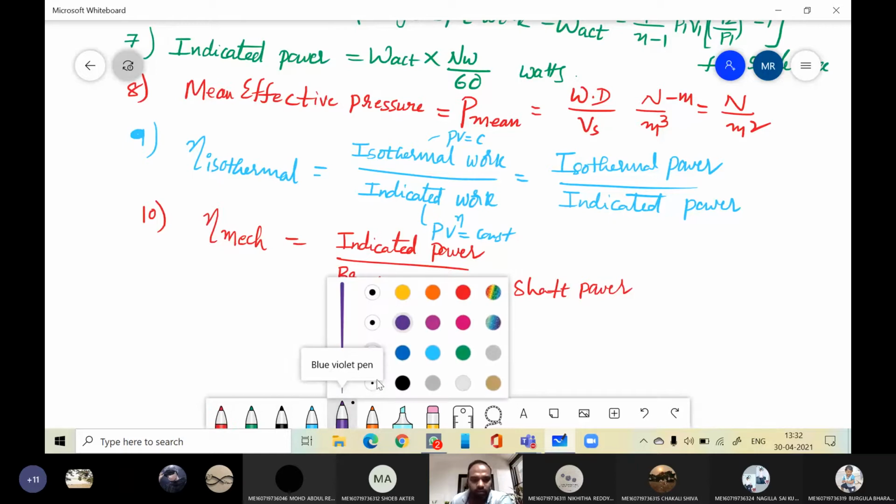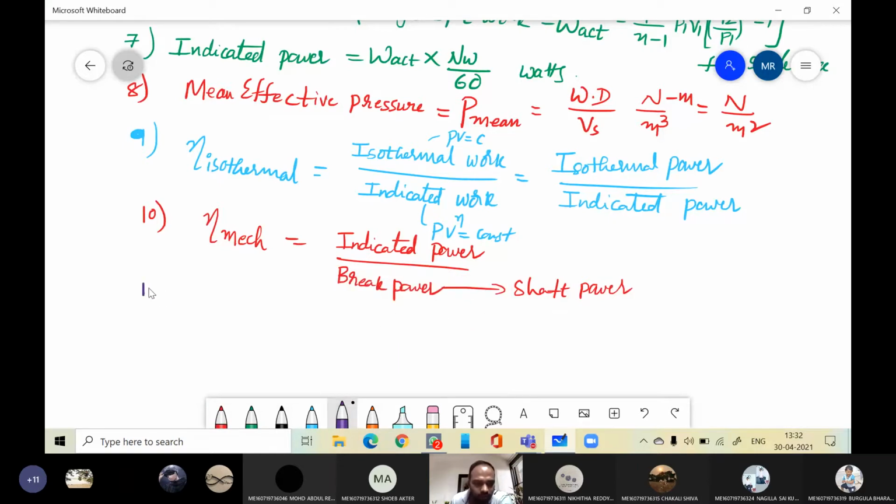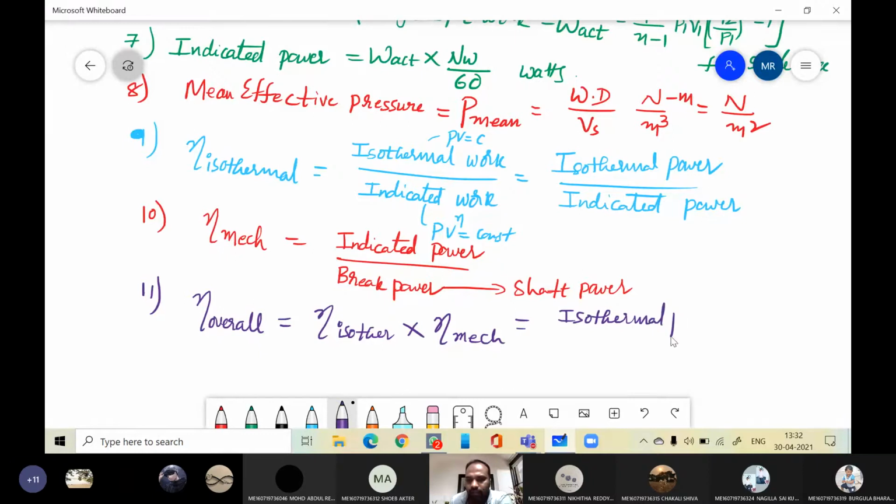Next we have overall efficiency. Overall efficiency is the product of isothermal efficiency and mechanical efficiency. If you multiply these two, indicated power will cancel, so you are left with isothermal power divided by brake power or shaft power.